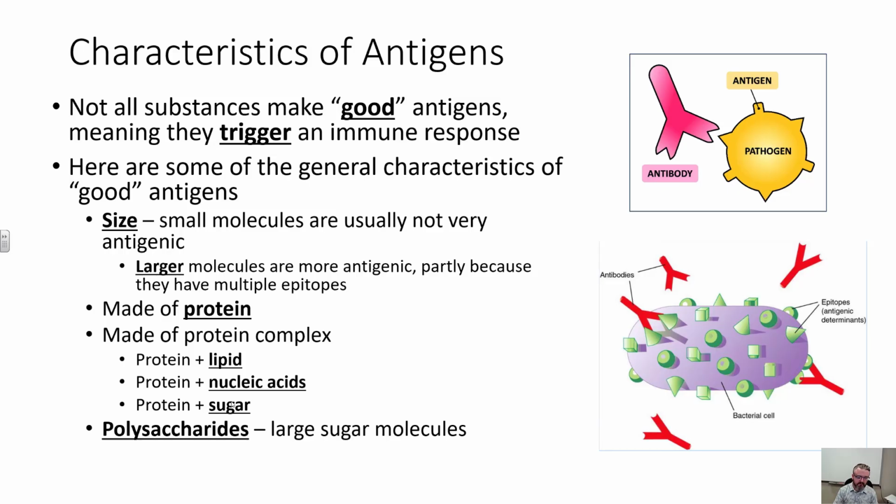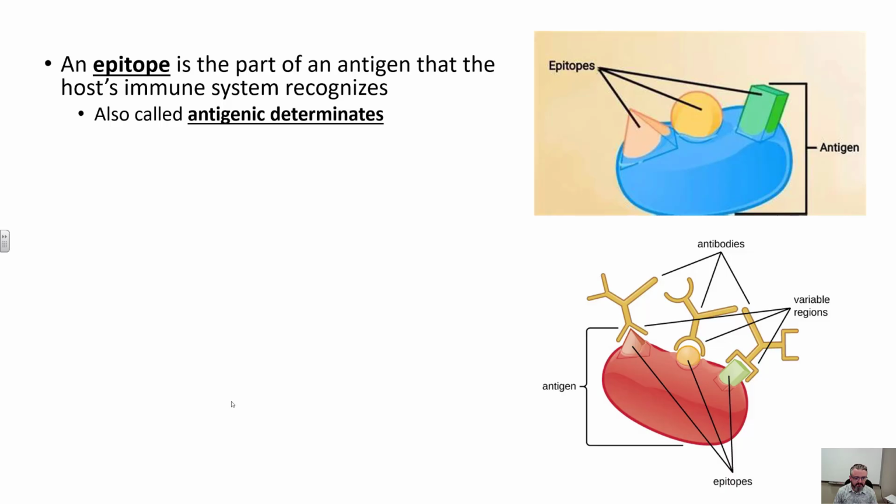Tend to be relatively large, lots of little subregions called epitopes, and they tend to be protein in nature in most cases. So when we look at the concept of an epitope, the idea, as I mentioned, is that the antigen is kind of the larger structure, and the epitope is a little specific component of the antigen, which is actually what our receptors and antibodies hone in on.